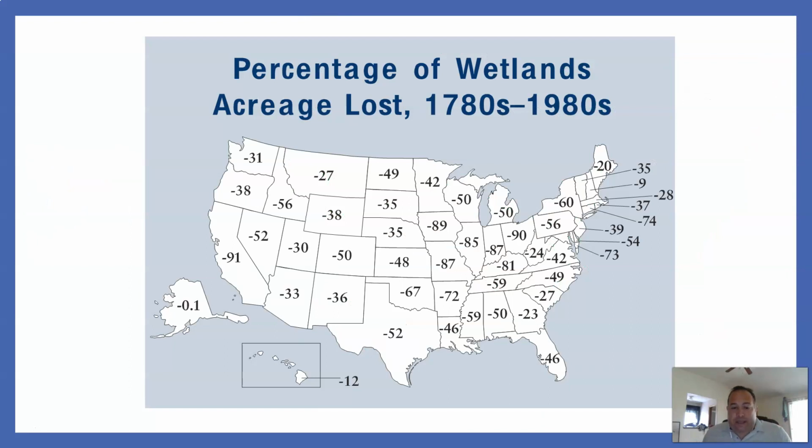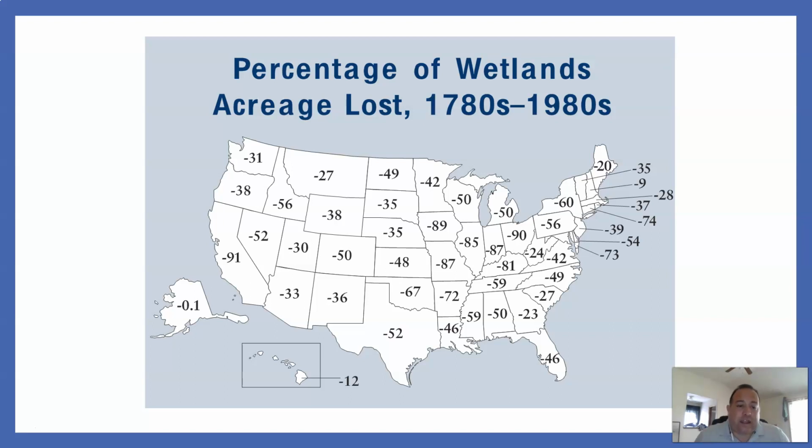So one of the big things with wetlands is that we're losing them. They're areas where people end up settling, or they're lost in terms of conversion from a wetland to something else, like a housing development or a city.